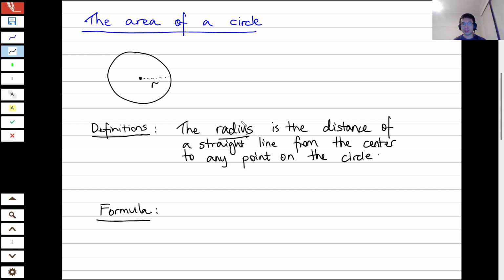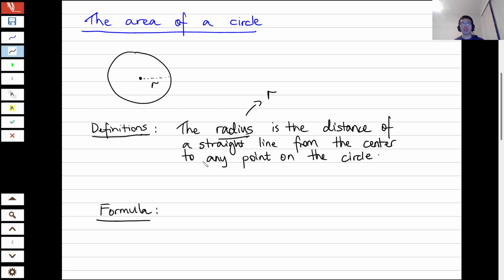And I'm going to call this the letter R. Please note, it is not the full distance like this. It is just from the center to a point on the circle.